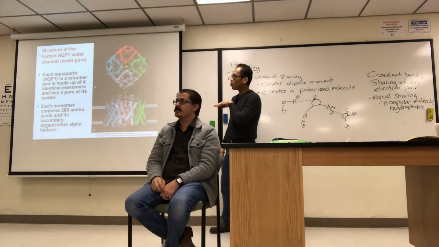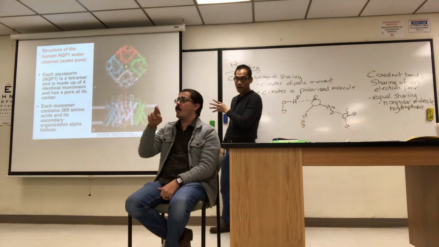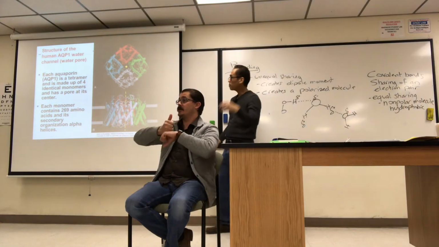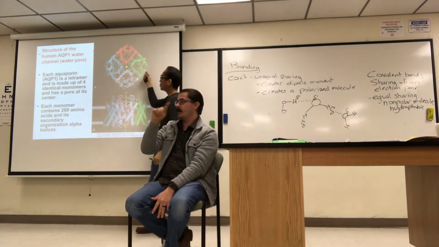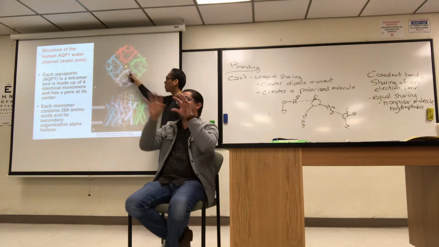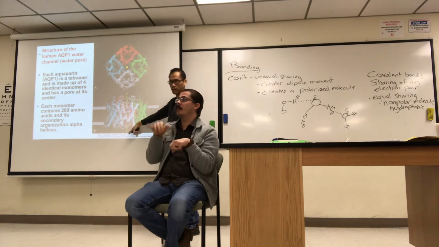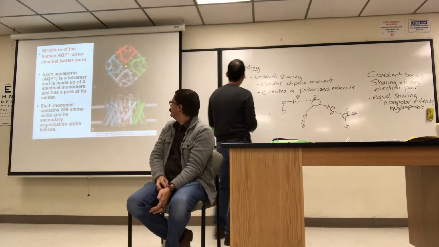Here's aquaporin. This is the water pore in humans. The level of organization is quaternary. It's a tetramer. 1, 2, 3, 4. That little spot right there is where the water can go through. That's the axis it can travel around. So let's note that. Aquaporin is important.